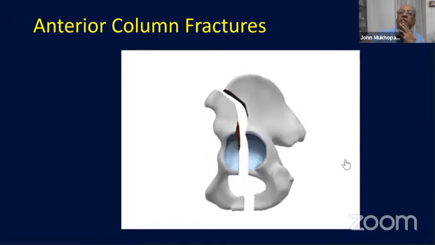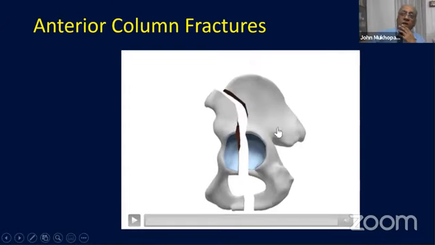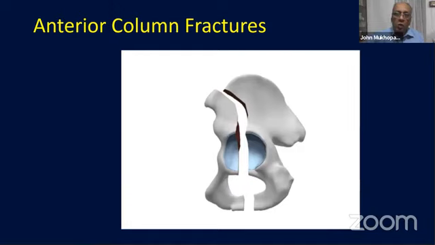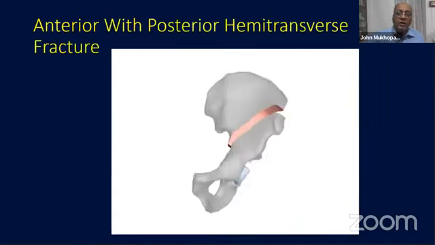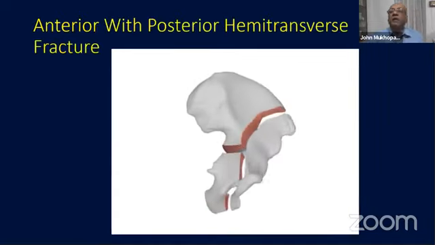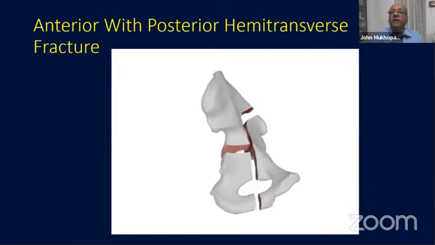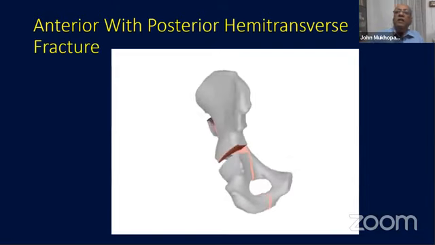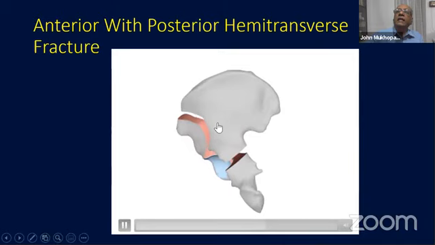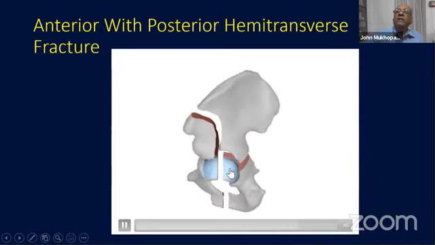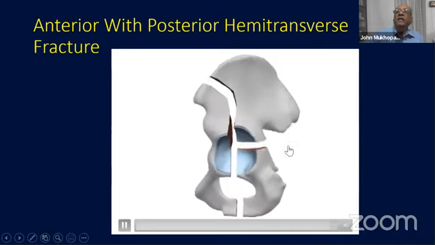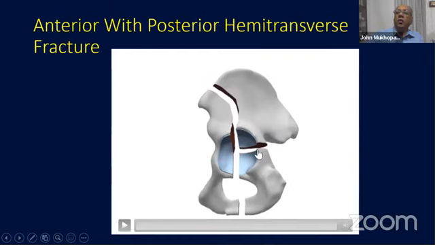It could be almost at the level of the top of the acetabulum, or higher up. Depending on the height of the exit, you can call them high or low anterior column fractures. And then you have the anterior column and posterior hemitransverse, where the fracture line runs vertically in the anterior column, and then there's a transverse fracture line extending into the posterior column.